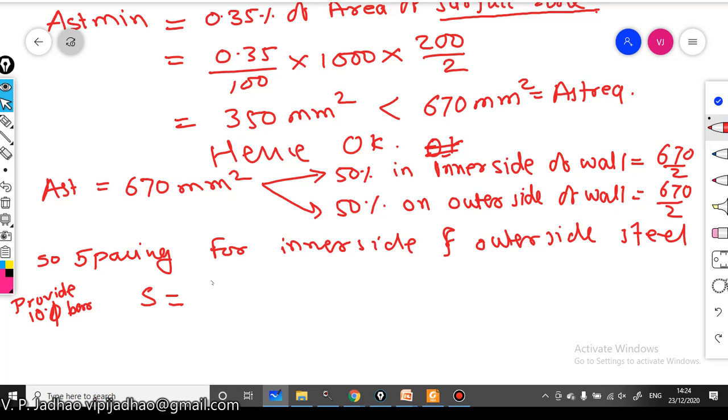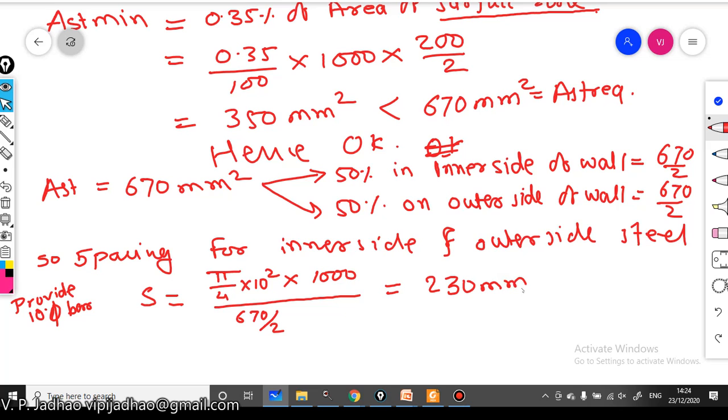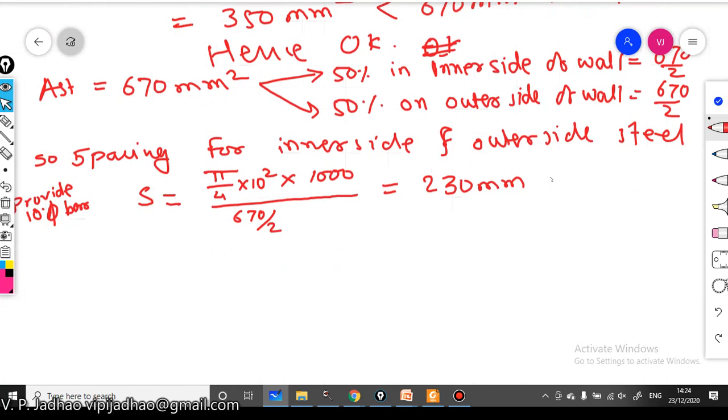The spacing formula is area of 1 bar, that is pi by 4 into 10 square, multiplied by 1000, divided by steel available, which is 670 divided by 2. So this comes around 230 mm center to center.